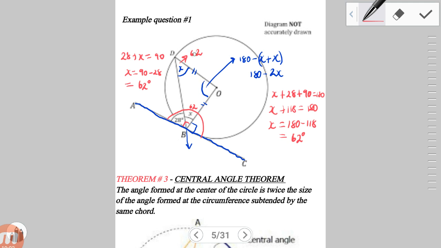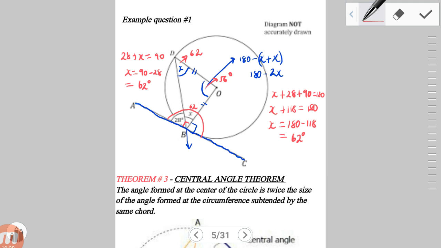If we add 62 and 62, we get 124. And if we subtract 124 from 180, you're going to find that the answer is 156 degrees.